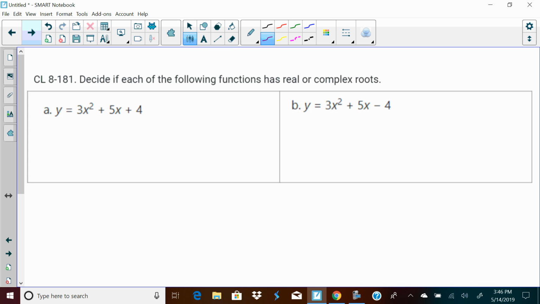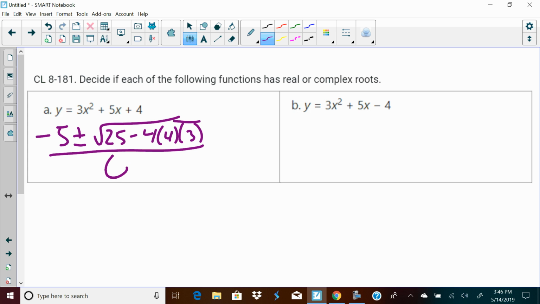Problem 181, decide if the functions are real or complex. So one way to do this would be to draw a graph and see if they cross the x-axis, or we could plug them in the quadratic formula. So I'm going to do that. So I get negative 5 plus or minus the square root of 5 squared, which is 25, minus 4 times 4 times 3, divided by 6.